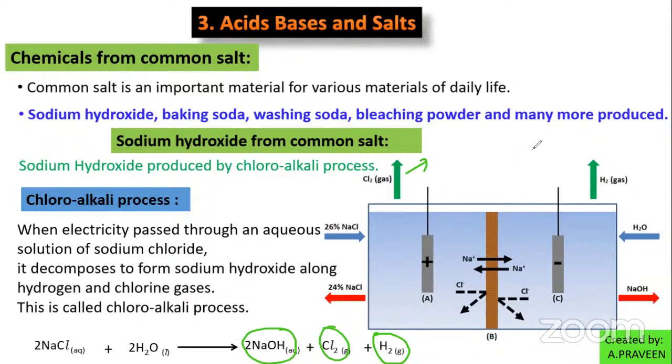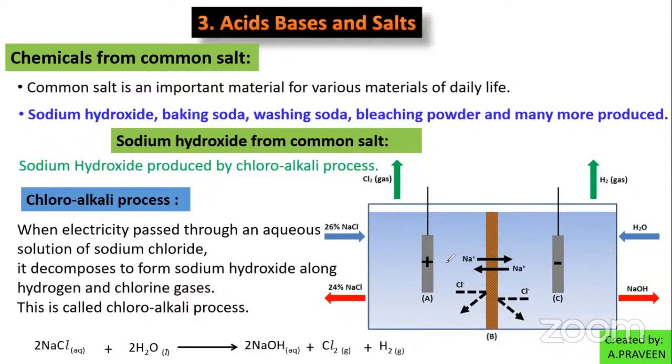Hydrogen gas, we can use as a fuel. We can use it in the production of margarine and in the production of fertilizers. Also, we can carry out the reaction between hydrogen and chlorine to produce HCl, hydrochloric acid.